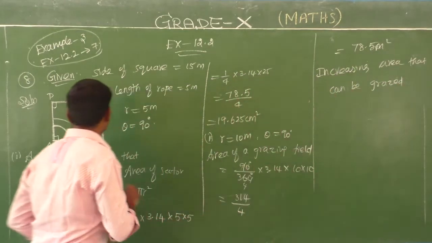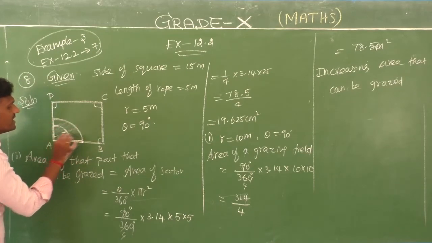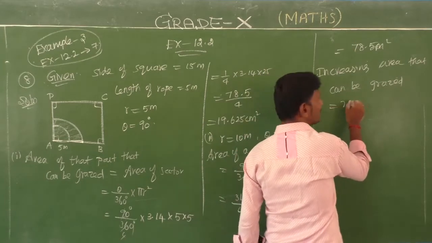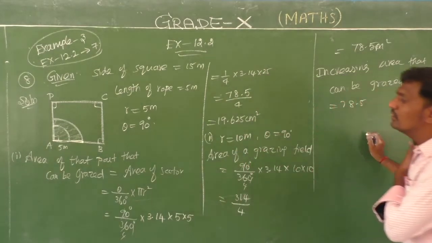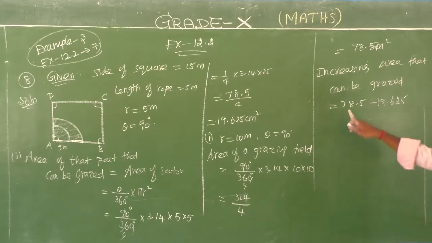The length of rope 10 meter is your highest area that can be grazed. Now subtract: 78.5 minus 19.625. You want to subtract because the length of rope 10 meters is subtracted from 5 meters. Then only we are going to find that increasing area. So subtract now.